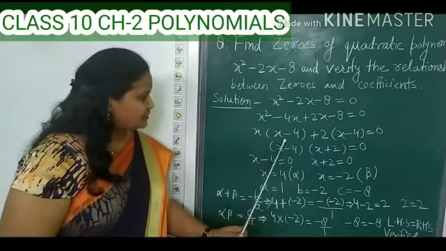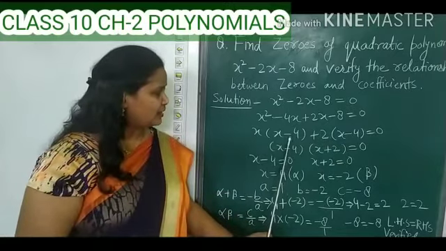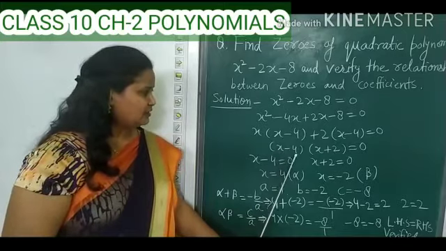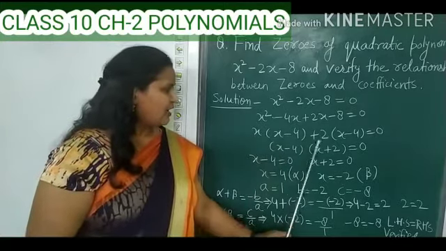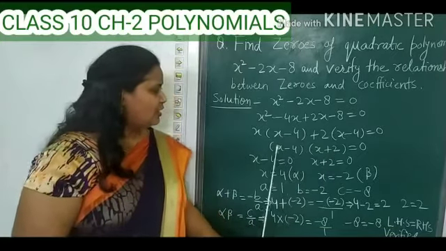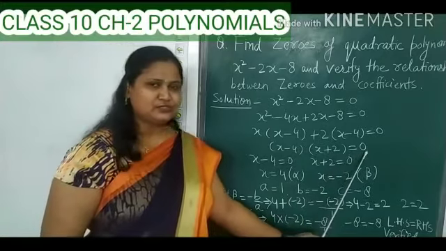Again you can see that x minus 4 is a common factor, so I am again taking x minus 4 common. The remaining factors are x plus 2. So our expression becomes x minus 4 times x plus 2 equals to 0.